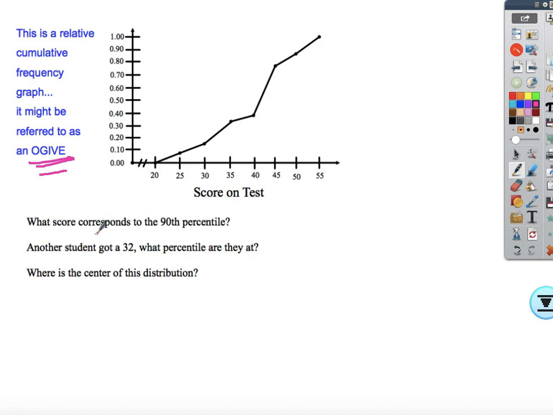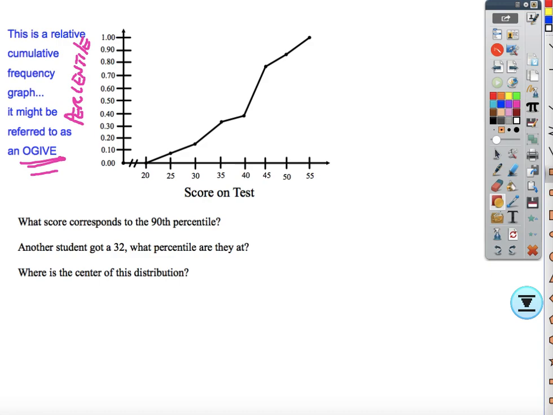If I want to know what score corresponds to the 90th percentile, the y-axis, those are the percentiles. So if I want to look at the 90th percentile, maybe I will try to get like a nice horizontal line here.